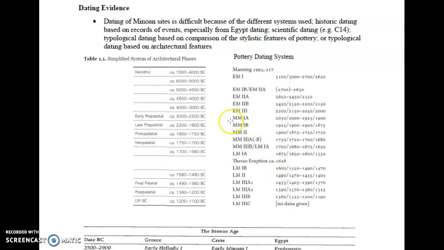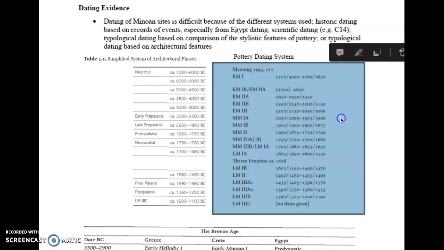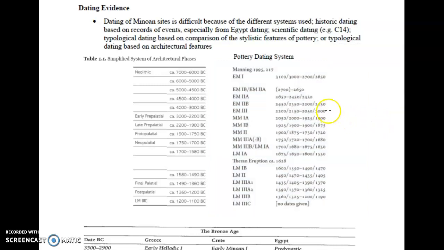So if we're thinking about the early Minoan third period, well, it's somewhere between 2200 BC, we're dealing BC here, and well, 2000. So it covers about a 200-year span. If we're thinking about the late Minoan second period, we're thinking 1490 to 1405 BC.